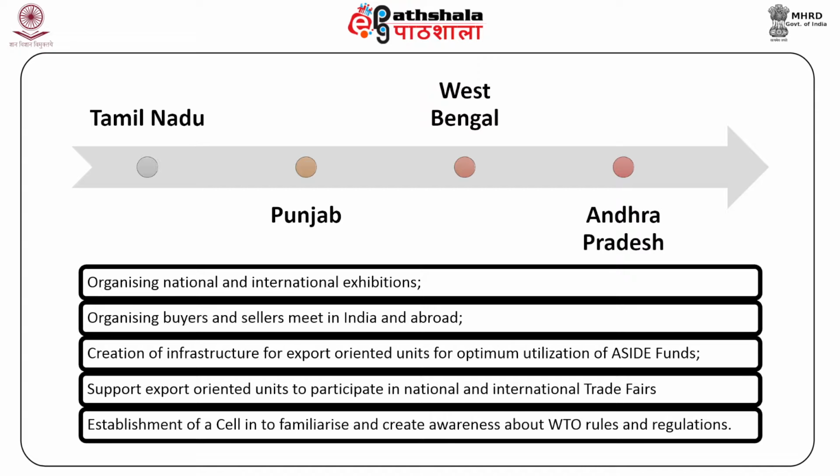Other export initiatives of the state are organizing national and international exhibitions, organizing buyers and sellers meets in India and abroad, creation of infrastructure for export-oriented units for optimum utilization of ASIDE funds, supporting export-oriented units to participate in national and international trade fairs, and establishment of a cell to familiarize and create awareness about WTO rules and regulations.